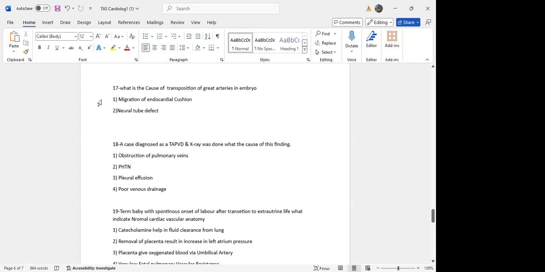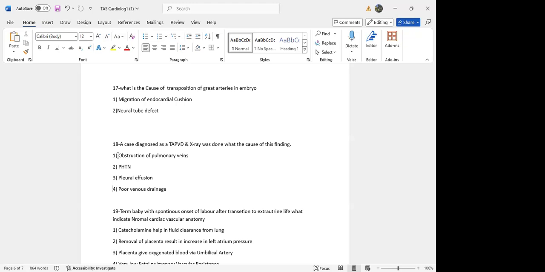So pulmonary veins का obstruction कहाँ most common है? Pulmonary veins normally आपकी drain होती है into the left atrium. But if they are not draining into the left side, and when they are opening into the right, they may have a choice.